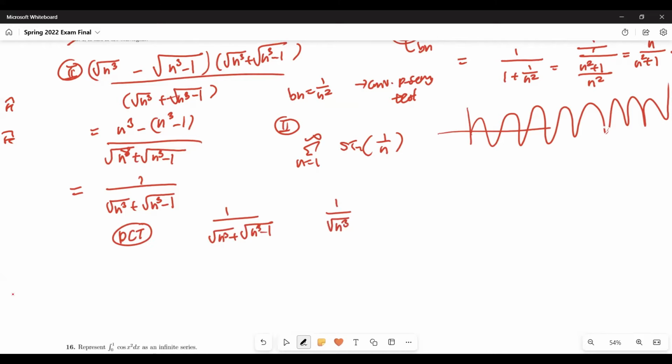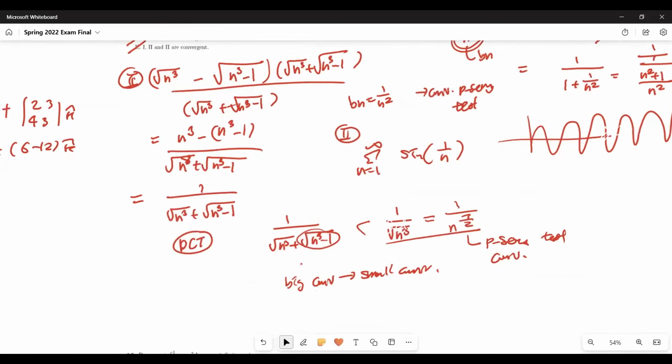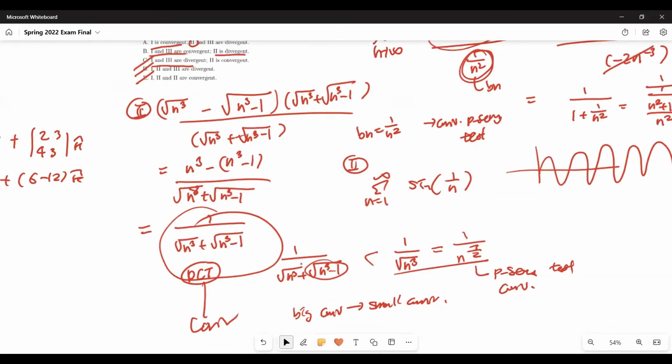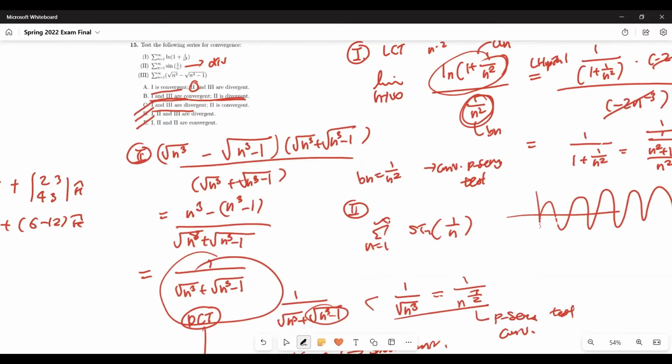Since that one is added in the denominator, 1 over the square root of n cubed is bigger, and that's the same as 1 over n to the 3 over 2, which by the p-series test is converging. Since the bigger one converges, the smaller one also converges. So that tells us that this entire thing converges, and the answer for this question is B.